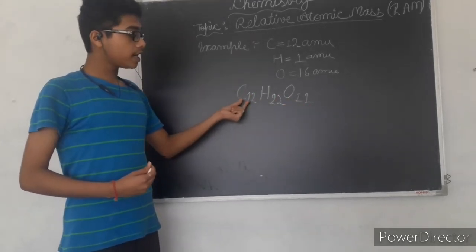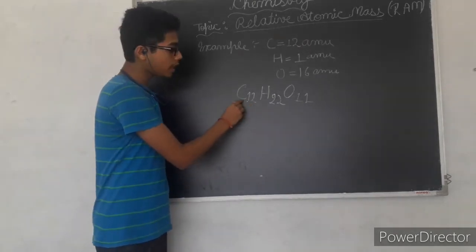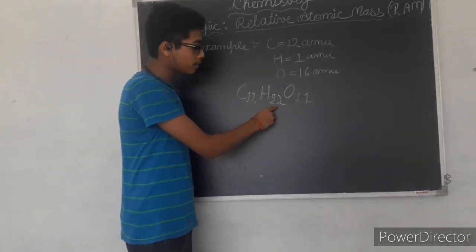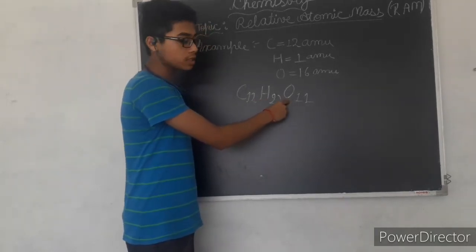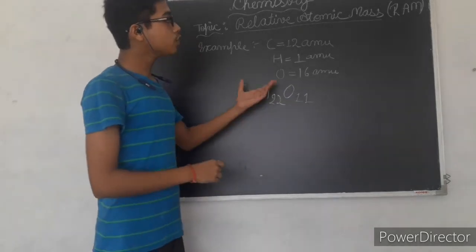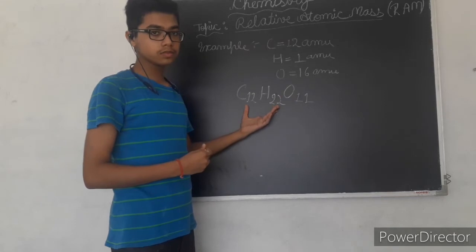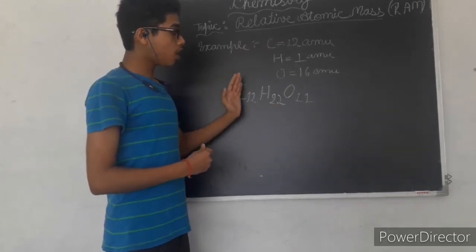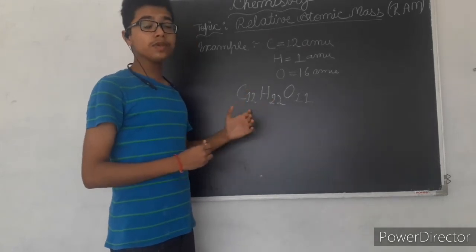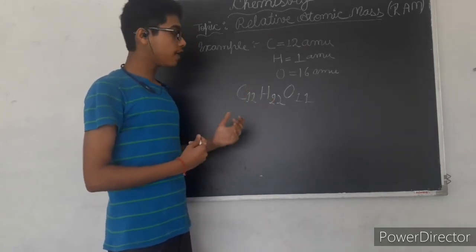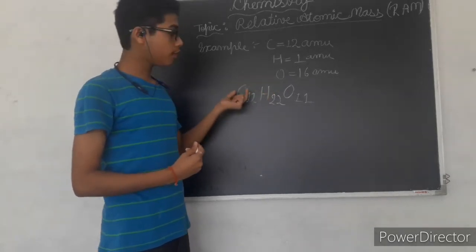Here there are 12 atoms of carbon, C represents carbon, 22 atoms of hydrogen and 11 atoms of oxygen, O represents oxygen. So we have to take out the relative atomic mass of this compound. But to take out the relative atomic mass of this whole compound, first we have to know the relative atomic mass of the particular atom of these elements.